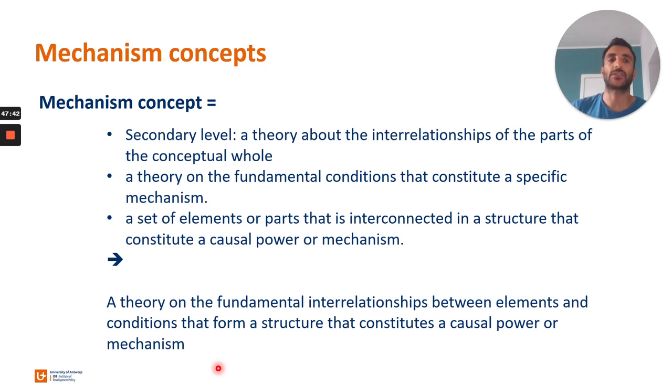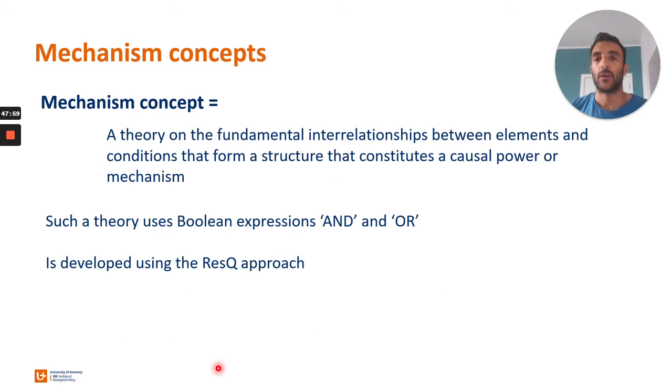I would say the difference is that a causal power is something that is possessed, while we can talk of a mechanism whenever we see that it generates an outcome. But in essence, they are the same. Such a theory uses Boolean expressions because we have necessary and sufficient conditions, and it is developed, in this case, using the ResQ approach.